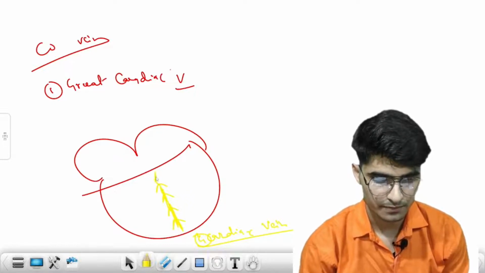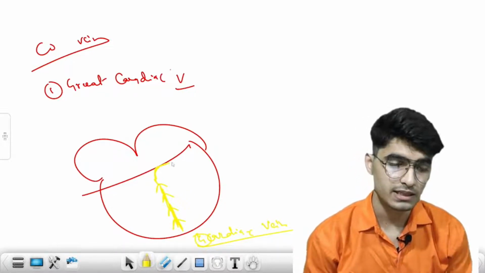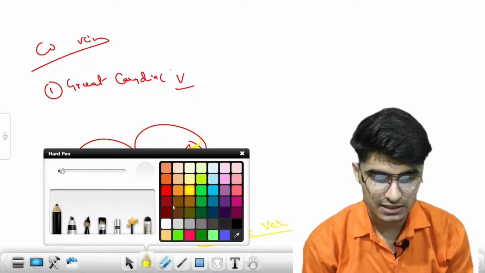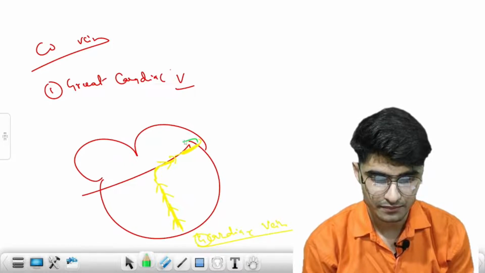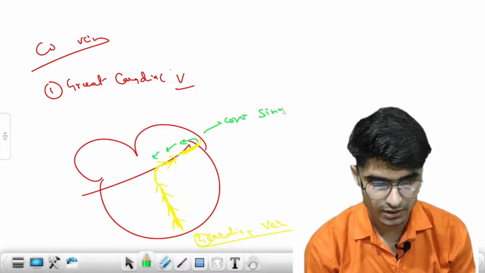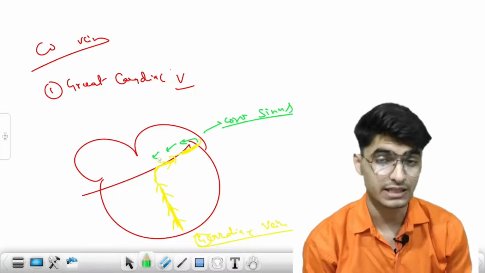And it goes up, lies in the left anterior coronary sulcus, and then continues behind as the coronary sinus. And this is our coronary sinus here. That is basically a continuation of the great cardiac vein.